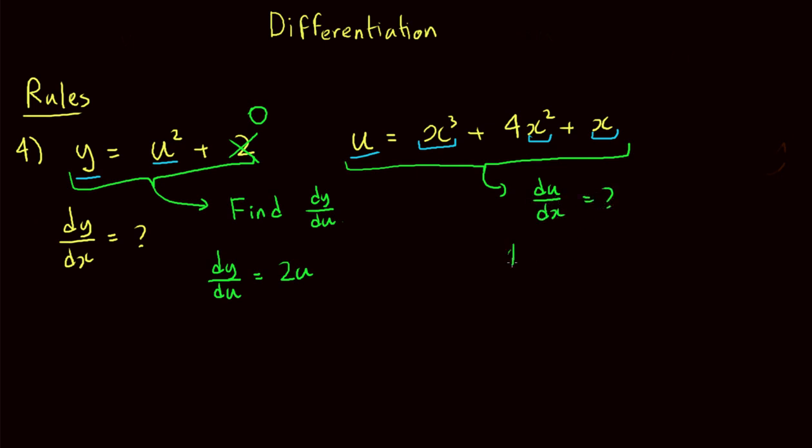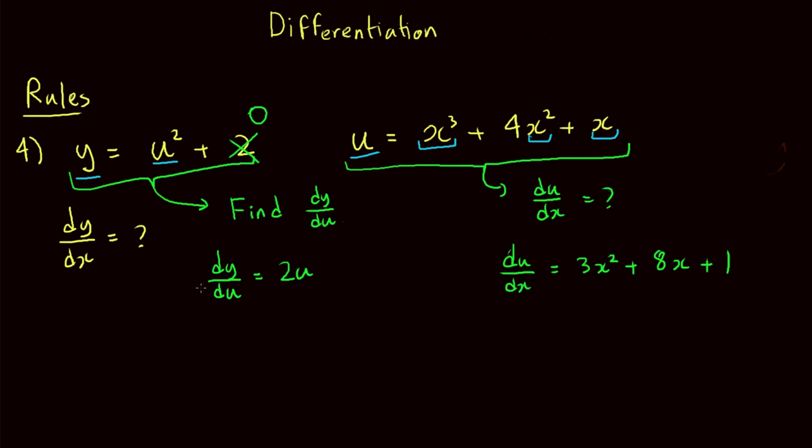Again, it's very simple. So du/dx is equal to 3x squared plus 8x plus 1.